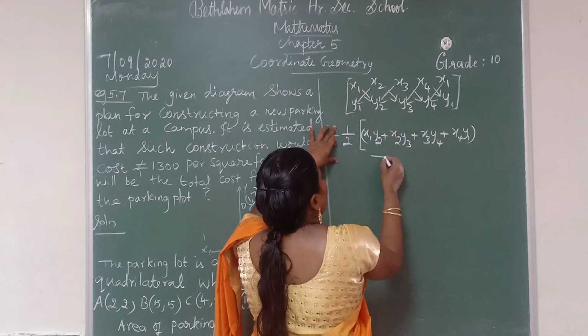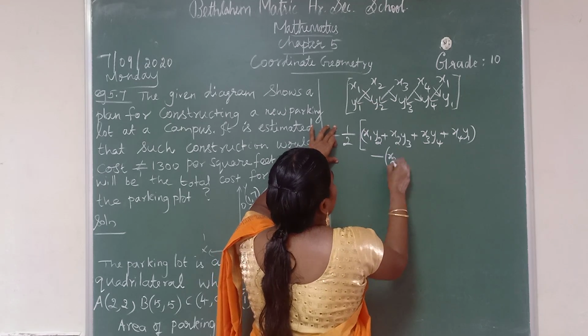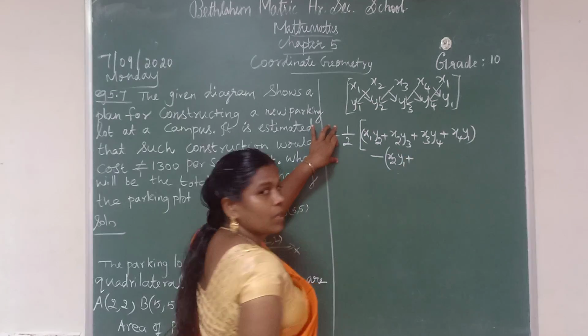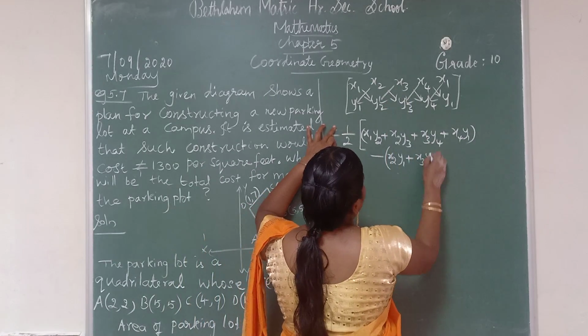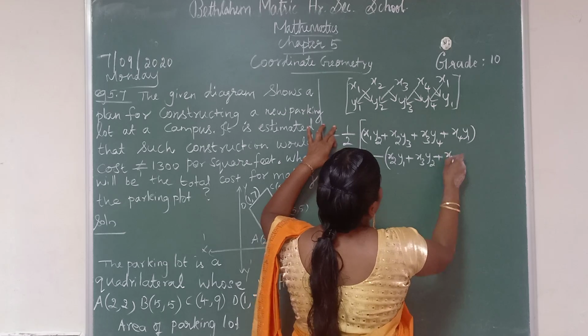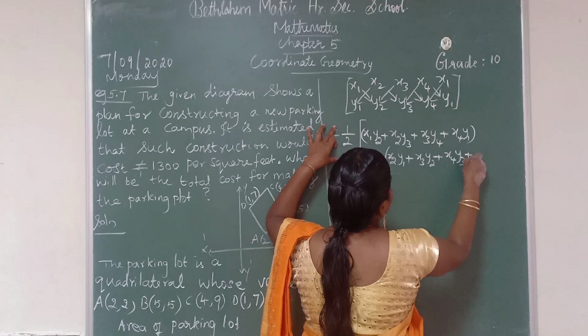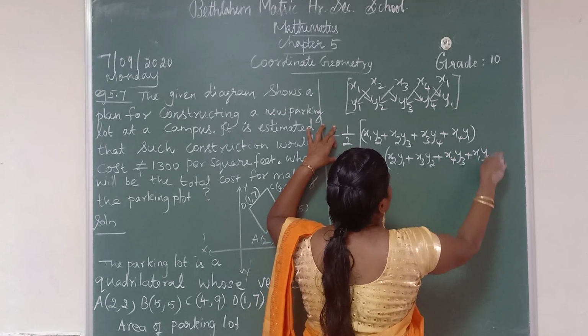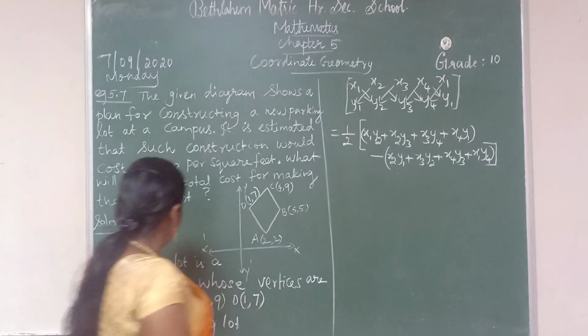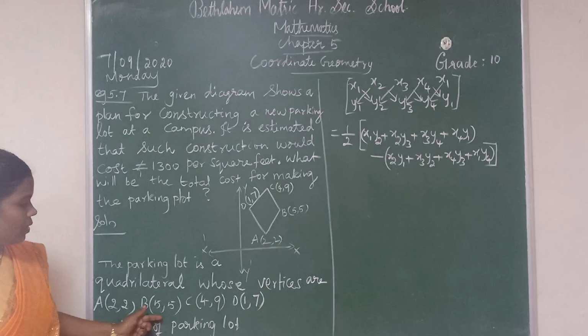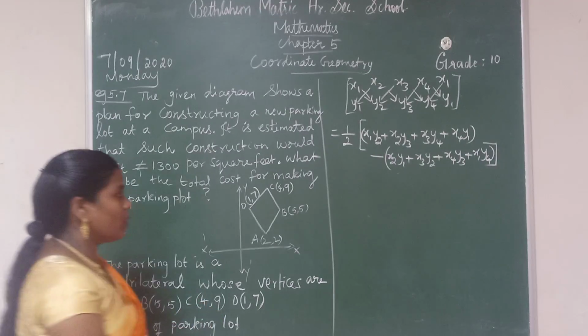So minus of x2 y1 plus x3 y2 plus x4 y3 plus x1 y4. Let's take x1 y1, x2 y2, x3 y3, x4 y4.